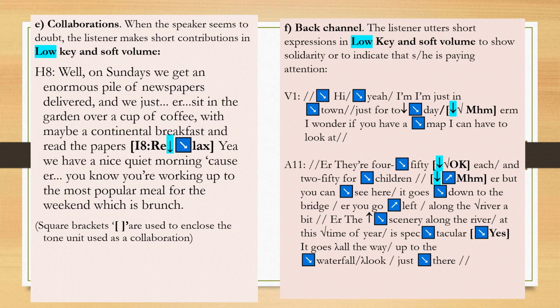Unlike interruptions and overlaps that actually show that the listener wants to compete with the speaker and wants to take over the turn or the floor, collaborations represent just a minimal intervention. That is, and as the name implies, the person produces a very short phrase, a repetition of what the other person says, and an elaboration of what the other person says, but using a particular pitch level that cannot be taken as a challenge for turn taking.